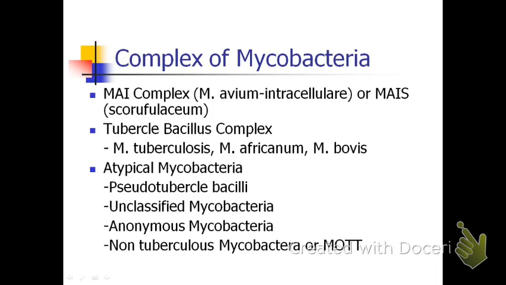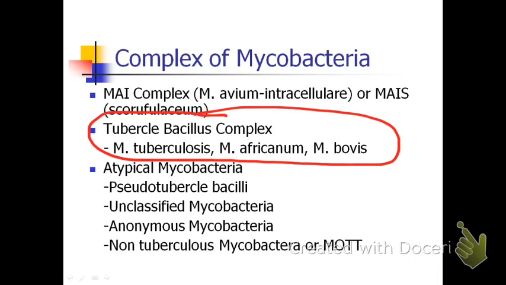Okay, so these are the most important complexes of Mycobacterium. Among these complexes, of course, the one that is involved in tuberculosis is the tubercle bacillus complex, made up of three important species: Mycobacterium tuberculosis, Mycobacterium africanum, and Mycobacterium bovis.